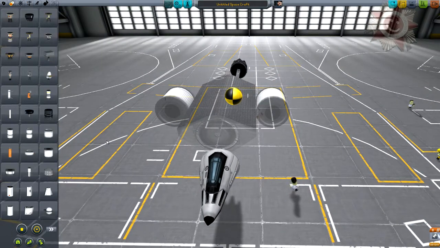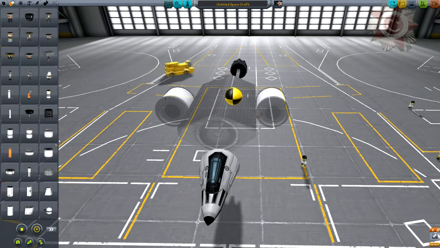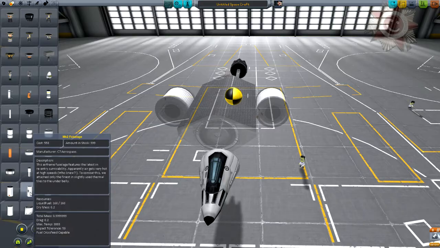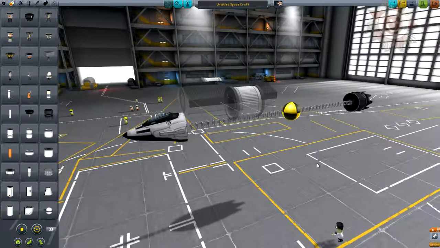and we can see that this Mark II fuselage has a dry mass of 0.2 tons, and these tanks have a dry mass of 0.125. So we have two of those, it's 0.25 and 0.2, so 0.45.